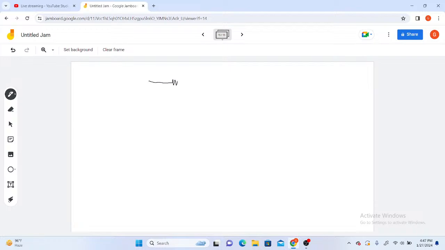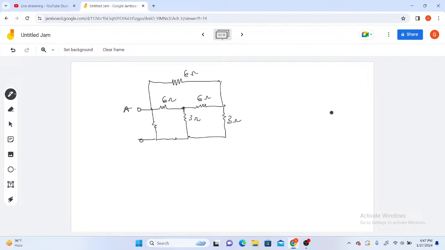I have a 6 ohm up here, a 6 ohm here, then another 6 ohm here. This comes down to a 3 ohm, this comes down to a 3 ohm, this comes down to a 3 ohm. This is to a terminal A, to a terminal B. Here is a 3 ohm resistor.